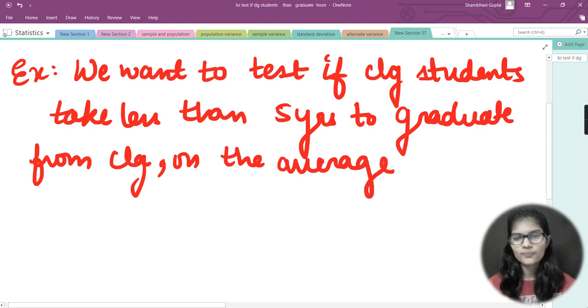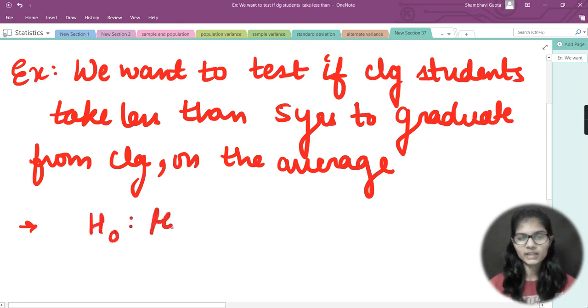Now according to the null hypothesis and the alternate hypothesis, my answer for this question is that the null hypothesis, H naught, is mu greater than or equal to 5.